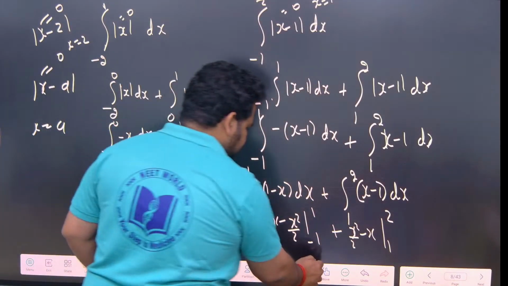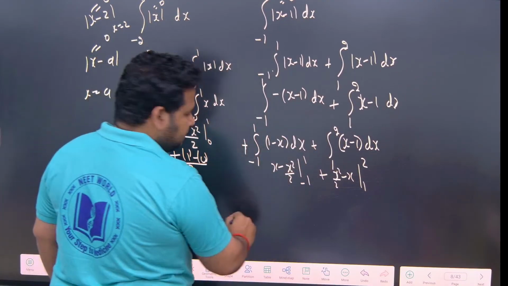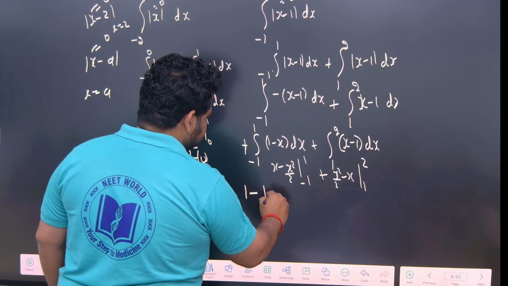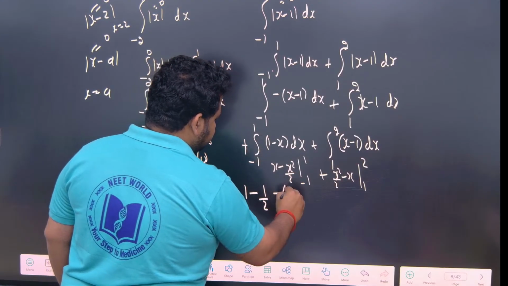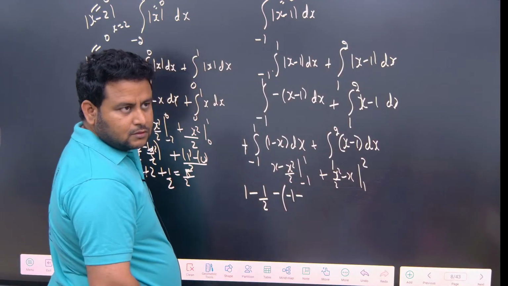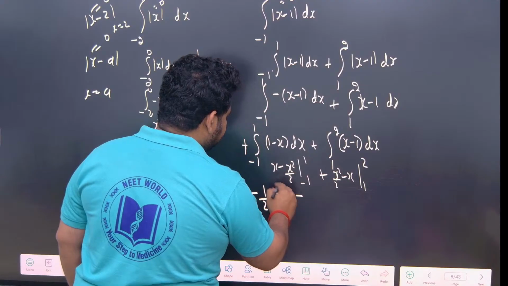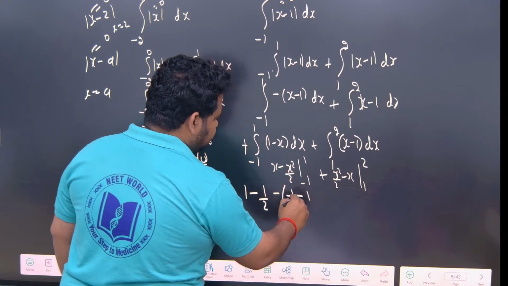Okay, let me do it. First, the upper limit is plus 1, so 1 minus 1 by 2. Minus, for the lower limit, minus 1 minus minus 1 square by 2. Minus 1 square is plus 1.